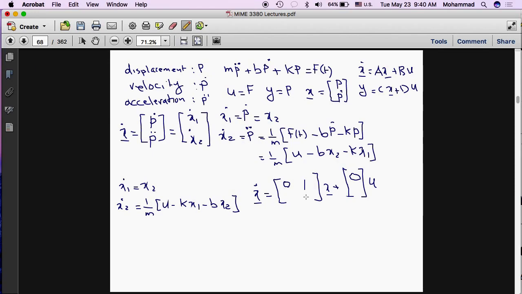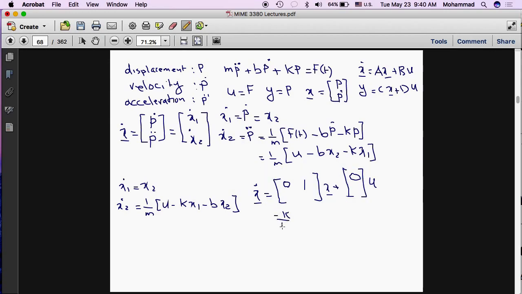Okay. So with that notation in mind, what should I write here as the second row to capture this equation? What is multiplied by x1? Minus k over m, isn't it? So x1 is multiplied by minus k over m. Can you see that? I'm going to write it here and then move it.